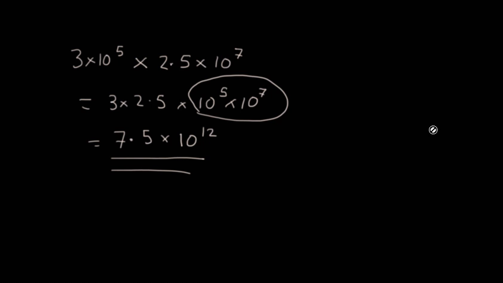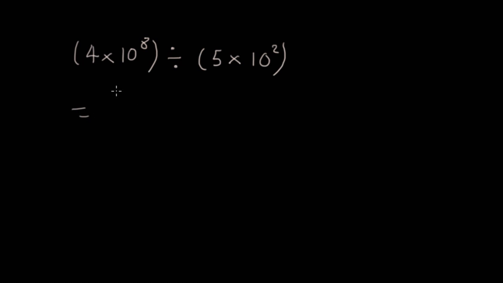What's a wee bit more tricky is if we have a division. So say we had 4 times 10 to the 8 divided by 5 times 10 raised to the power 2.